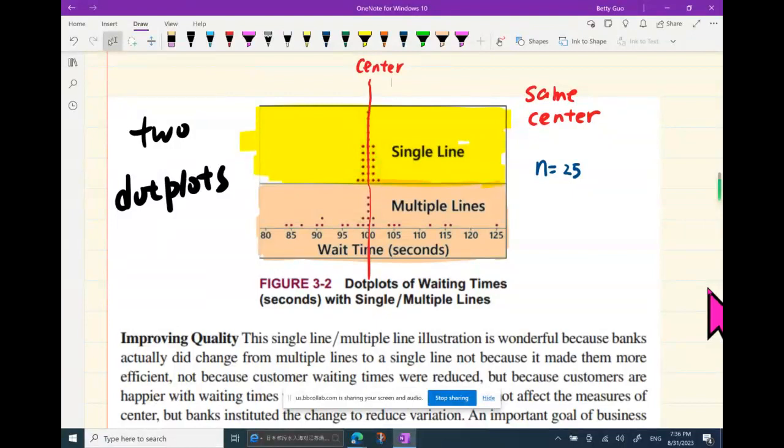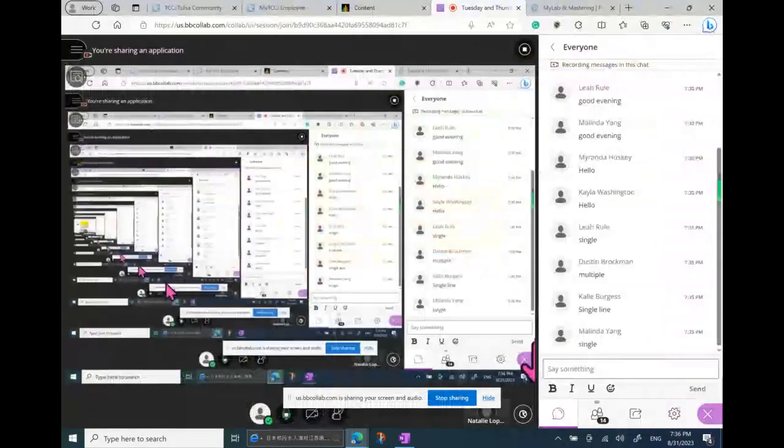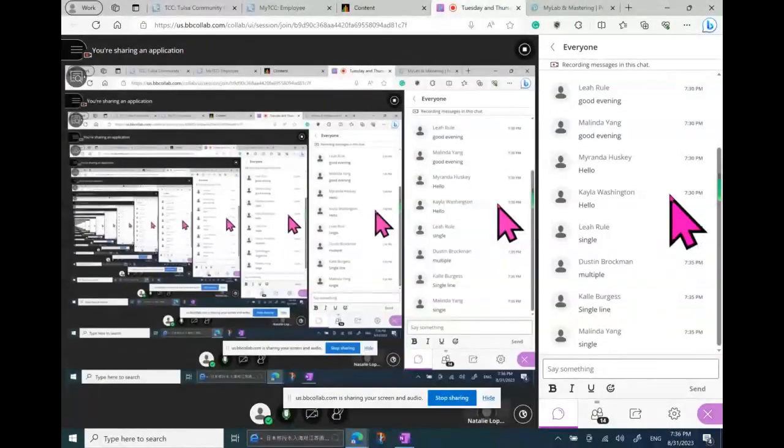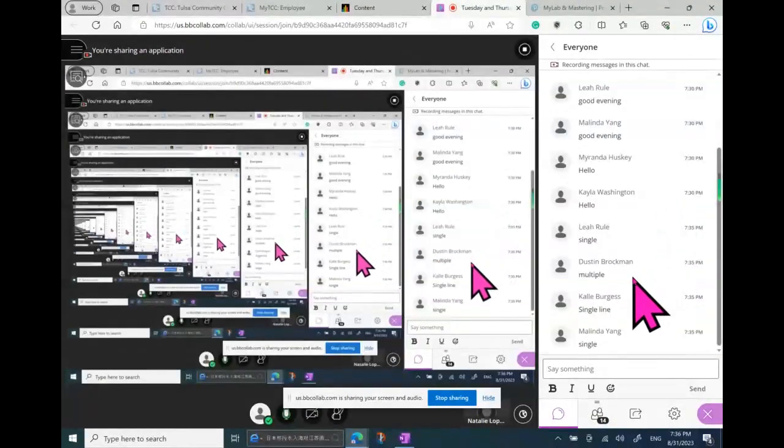But for the first company, the quality is very consistent. You know you will not get a very bad one. But the second company sometimes gives you good ones, sometimes very good ones, sometimes really bad ones. So would you choose the first company or the second company? Similar to our situation here, right? Most of you would like to choose the single line. Dustin would like to choose multiple.